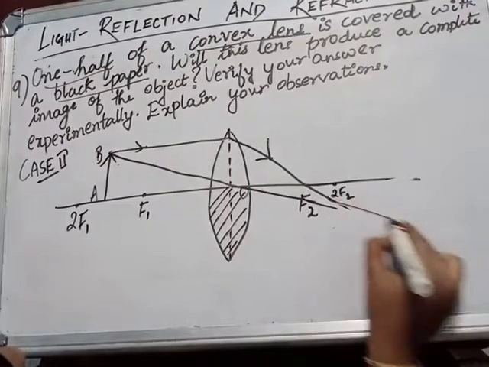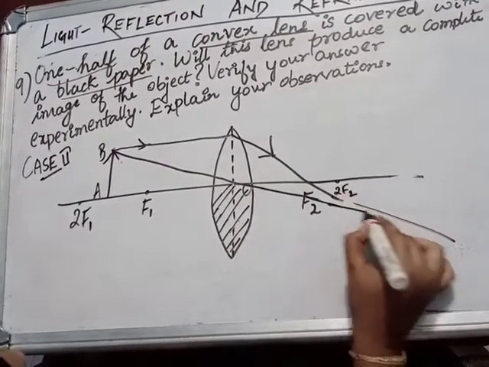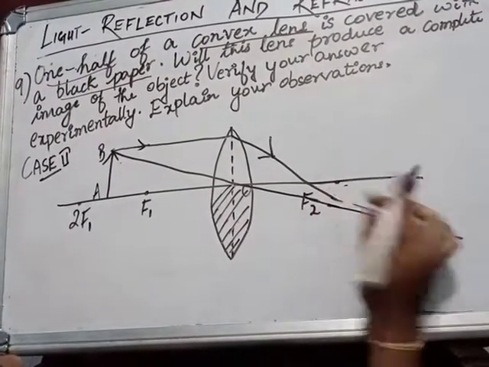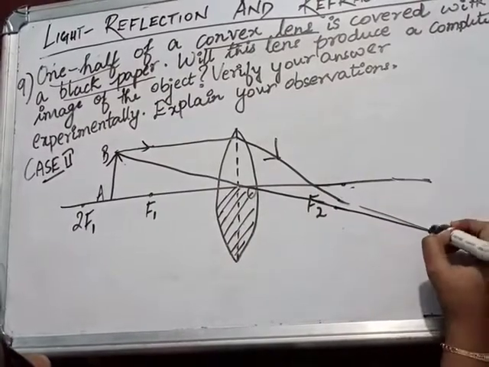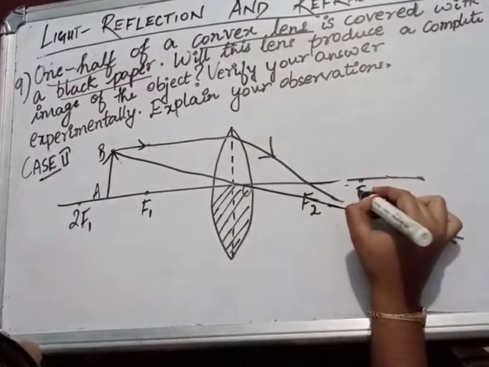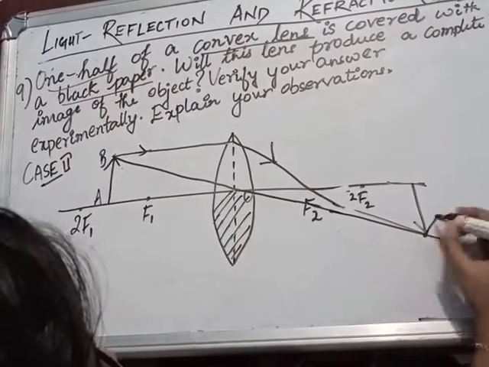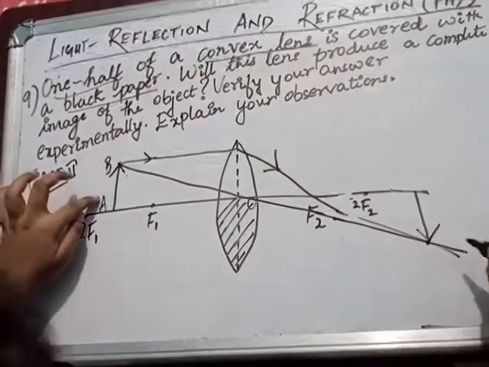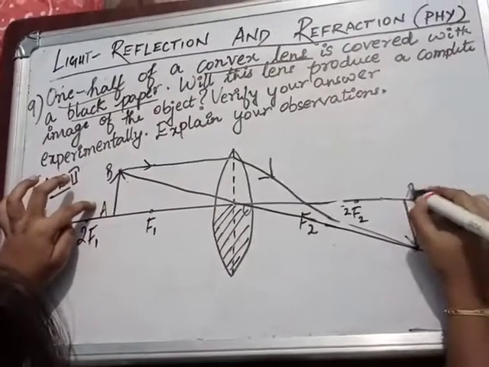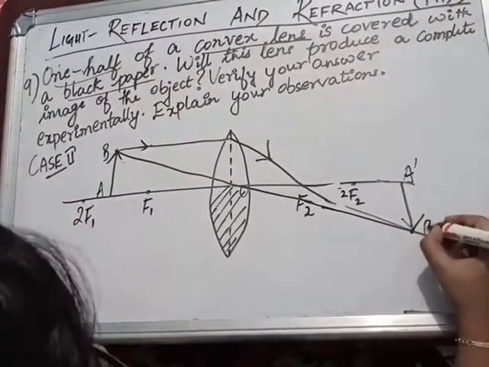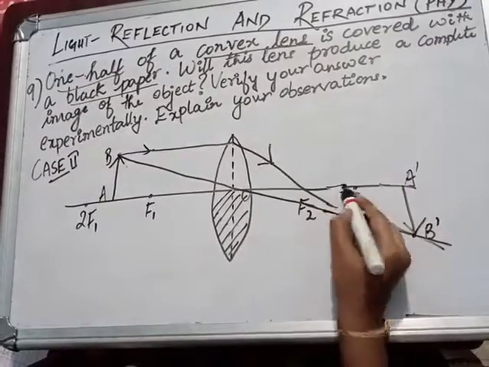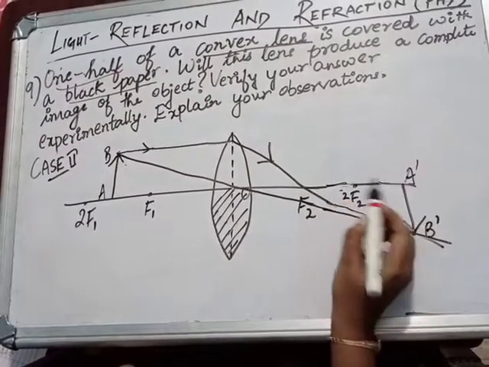Just adjust the ray diagram. So both the rays meet over here and our image is formed over here. So this is A, then this becomes A dash, this is B, and this becomes B dash. So our image is formed finally.